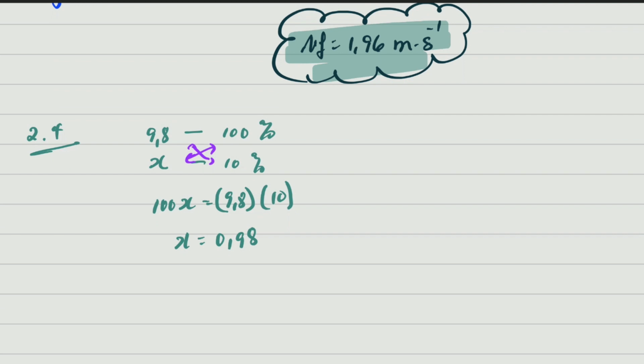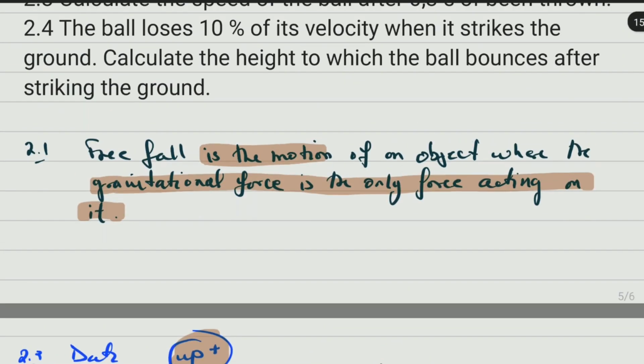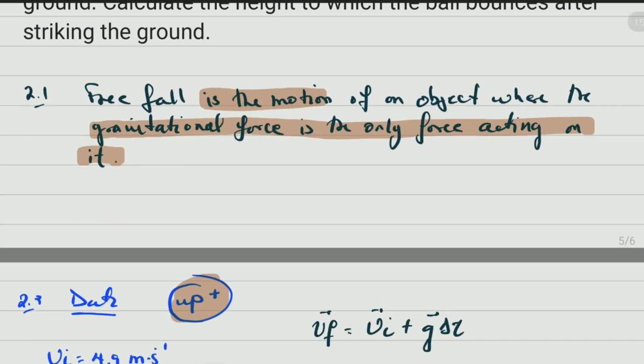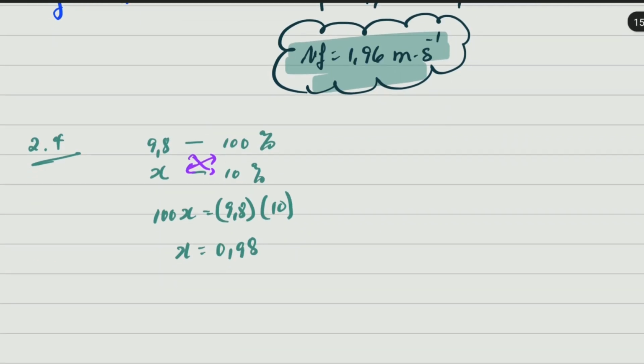That's not what the question said. The question said that it loses 10% of its velocity. 10% is the 0.98. So the initial velocity of the object when it leaves the ground is the 9.8 minus the 10%, which is 0.98. So this is the initial velocity of the object, which is upward.